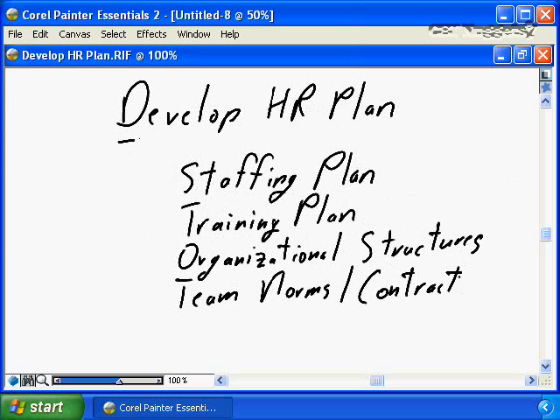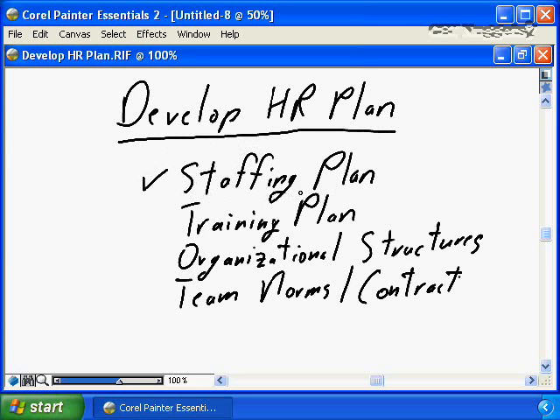Another key aspect of project planning is to develop the HR plan. Defining, again in advance as part of the planning process, how we're going to deal with the HR resources required to deliver our plan. The first step is obviously to produce the actual staffing plan. When do you need resources? At what time? What quantity of resources? How long do you need them for?